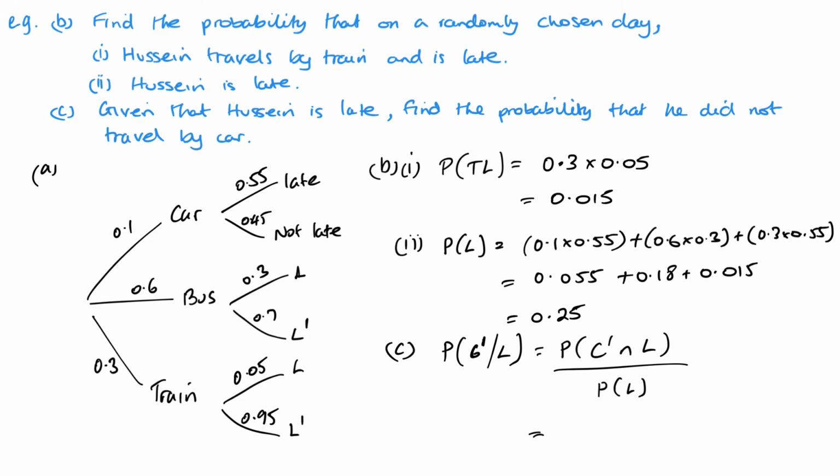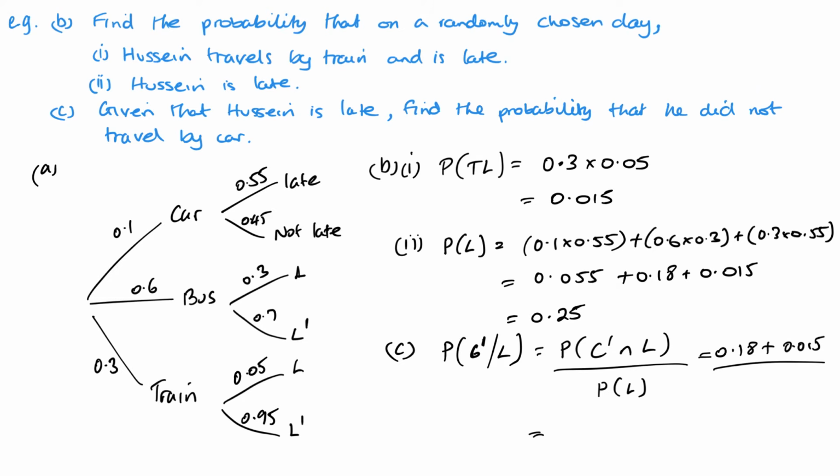So not car and late means we're using bus and late, train and late. So those we'd already worked out, hadn't we? Bus is late is 0.6 times 0.3, which is this 0.18. And the probability the train is late is 0.3 and 0.05, which is this one, or 0.015.